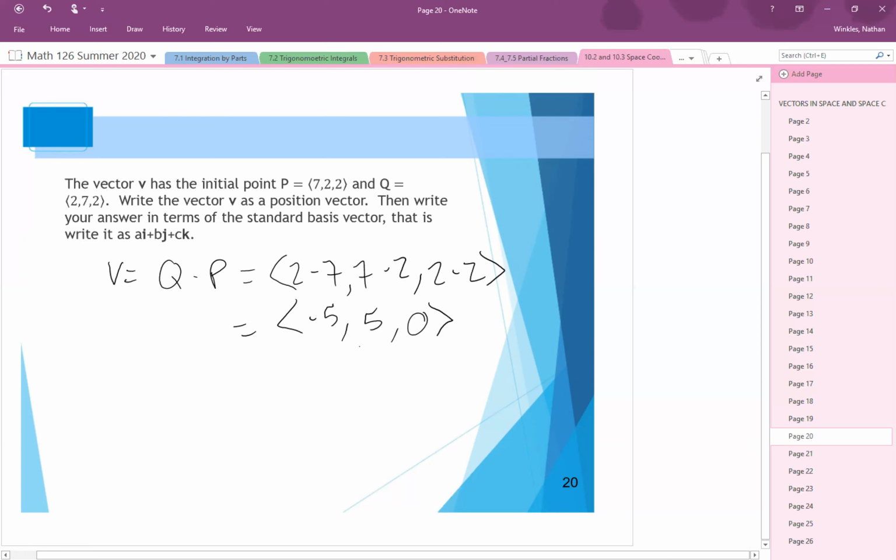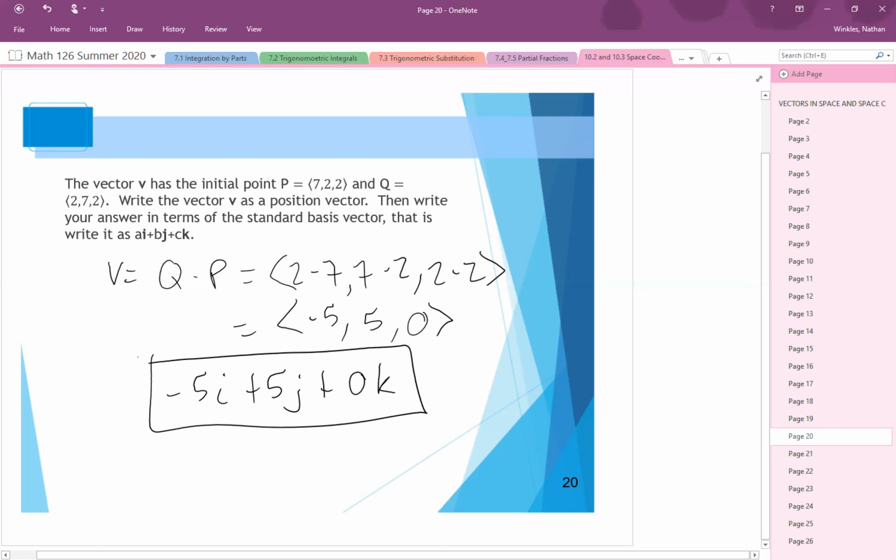So that is our v as a position vector. In the standard basis, this is -5i plus 5j plus 0k. If you have this case right here, you could write this as -5i plus 5j, and it would be the same thing.